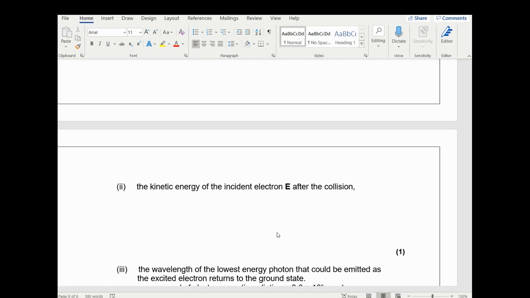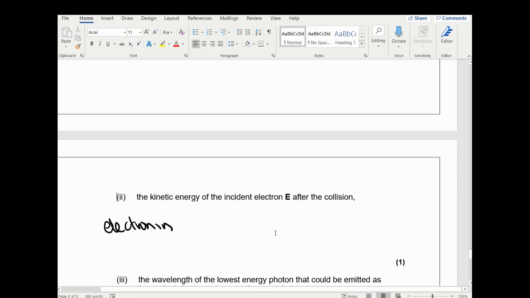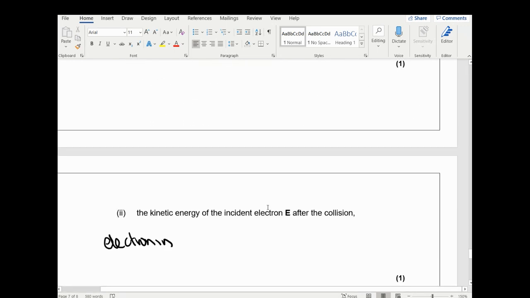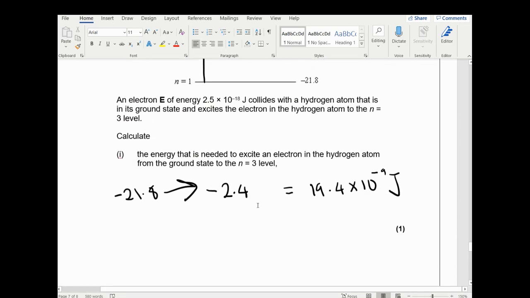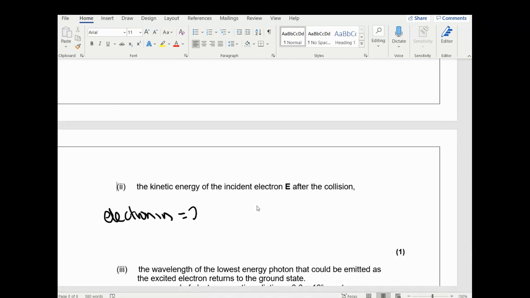So what's actually happening is the electron comes in, and then it will, with how much energy? 2.5 times 10 to the minus 18. And then what will happen is it's going to lose energy, so it will give the hydrogen energy.